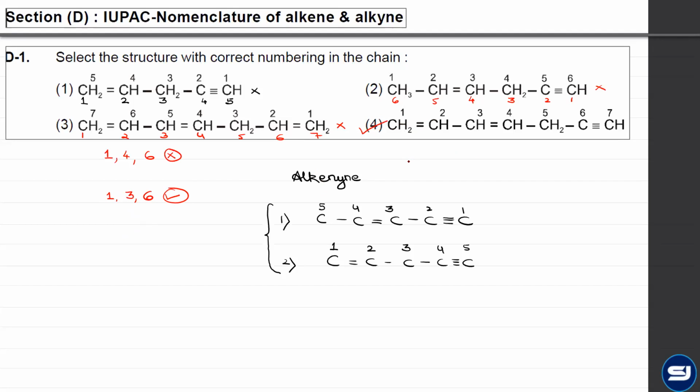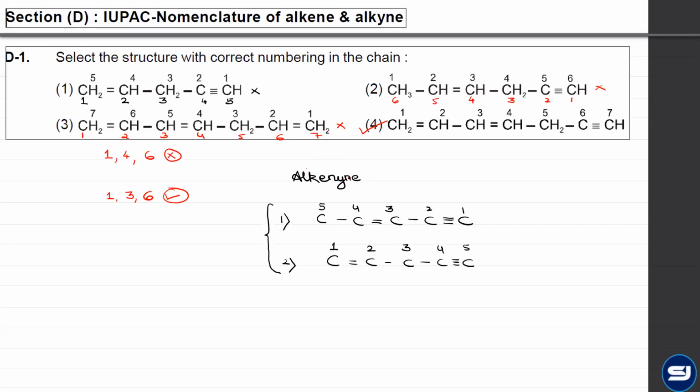Now let's also name this compound. alkene. Now when there are 2 double bonds and 1 triple bond, this will change to dienyne. Diene for 2 double bonds, yne for a triple bond. And जब एक से ज्यादा होगा तो this alk word, the word root changes to alka. A is added, right?